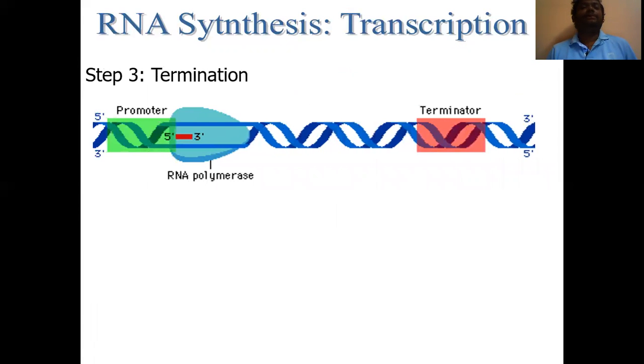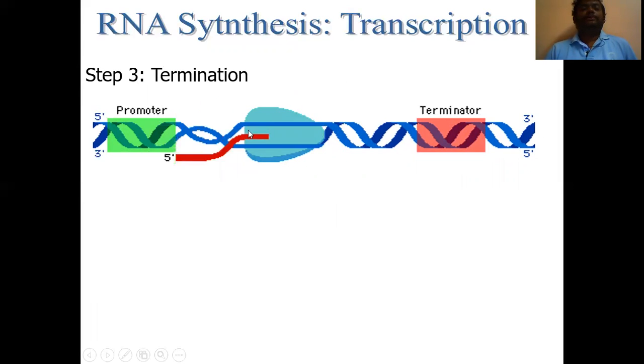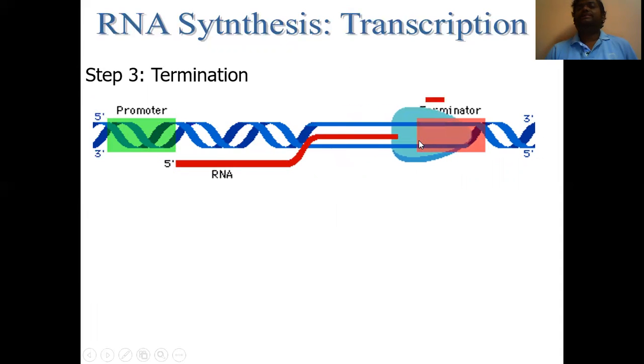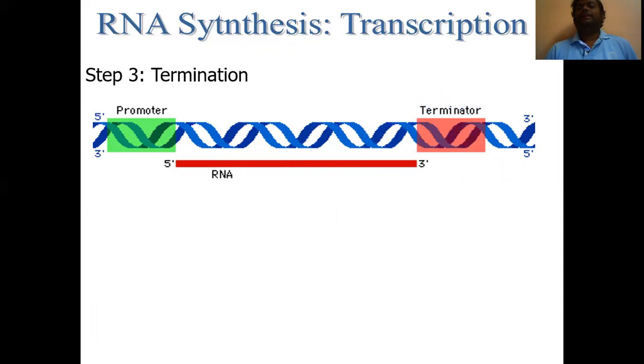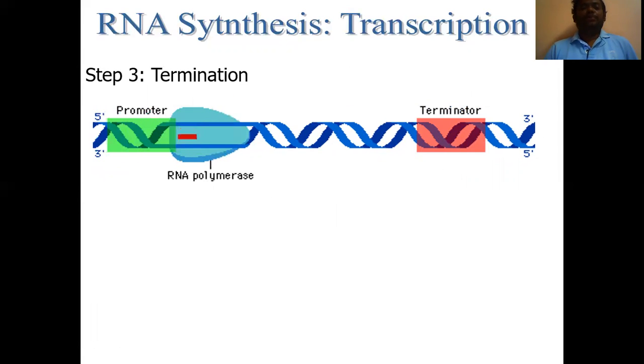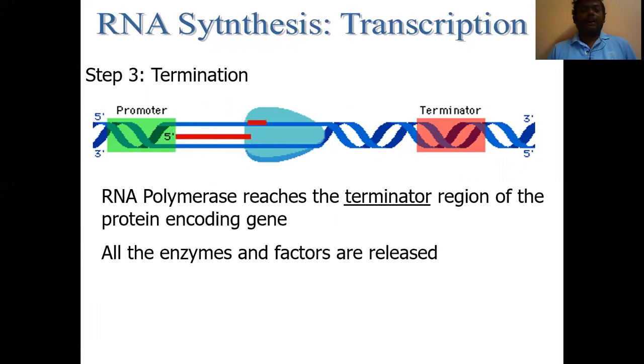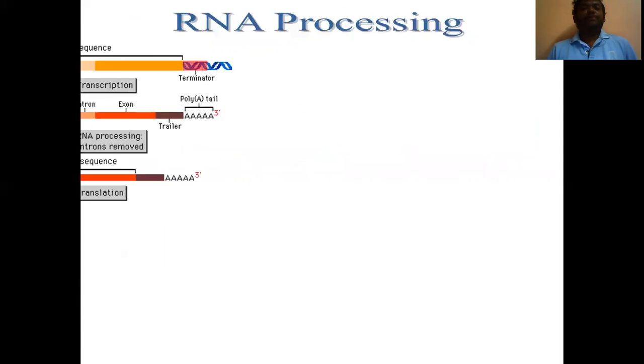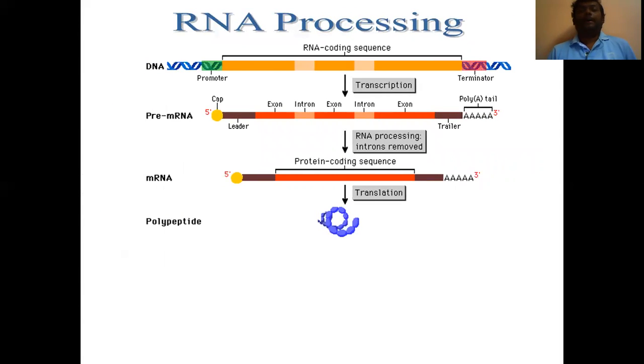Next process is termination. You can see after addition of the nucleotides, the RNA polymerase enzyme reaches the termination region, and at this termination region, the RNA will be removed from the DNA, and this is premature RNA.